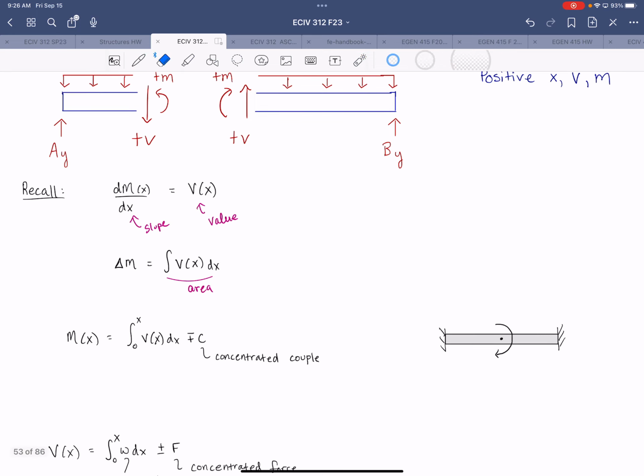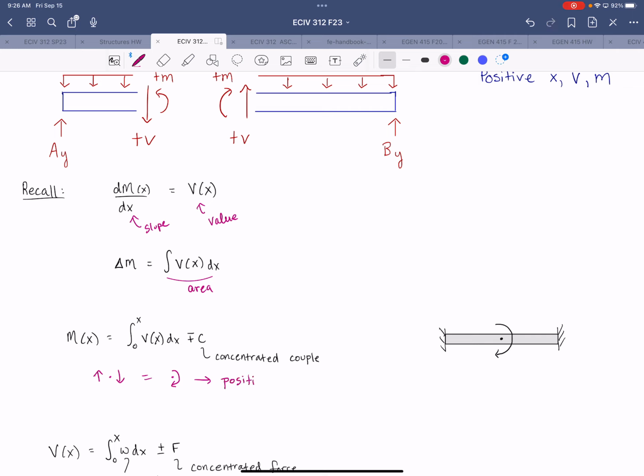So to break that down, right, we'll talk about the sign convention here. So a couple that causes a clockwise moment about a point will result in an upward step or a positive step, I'll say.